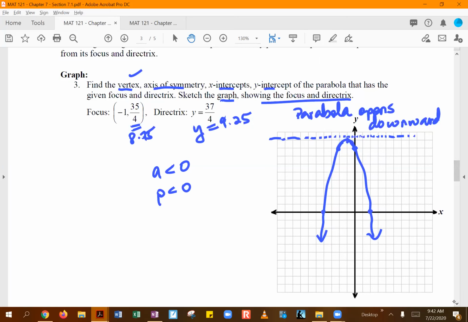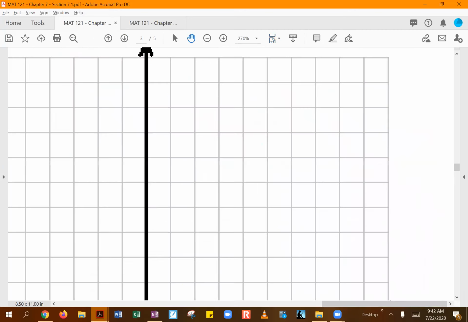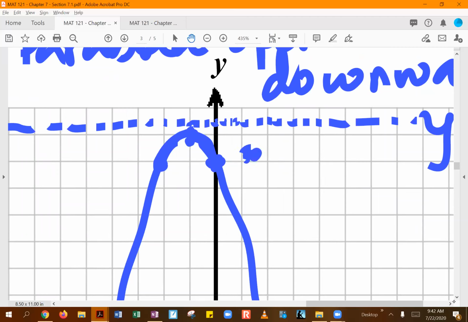So we have our vertex, we have our axis of symmetry, we got our x and y intercepts, and then we were kind of trying to show our focus and directrix, but obviously on this graph it doesn't quite show up as nicely because they are so close to each other, but you can kind of see them over here with our focus.